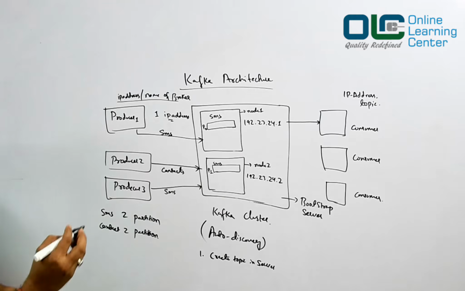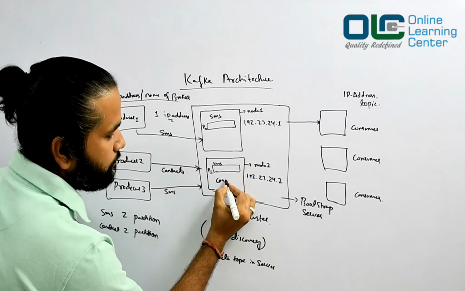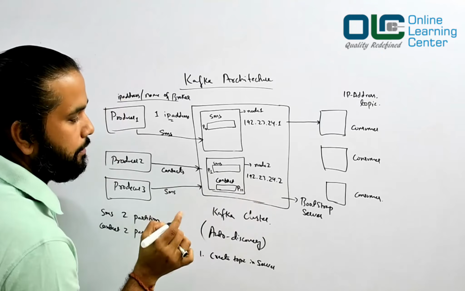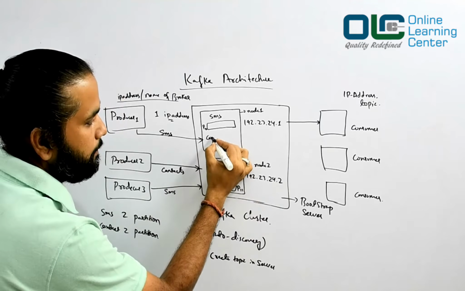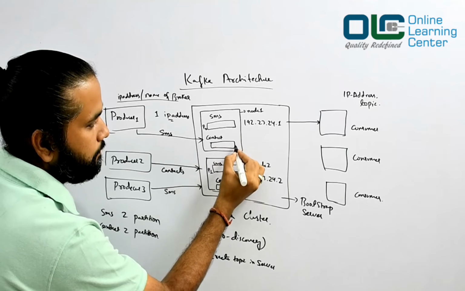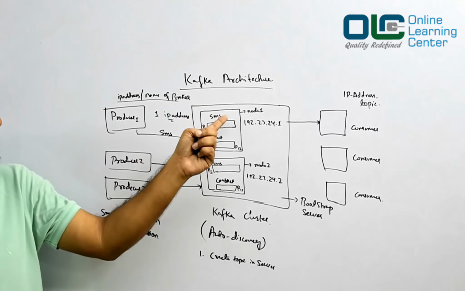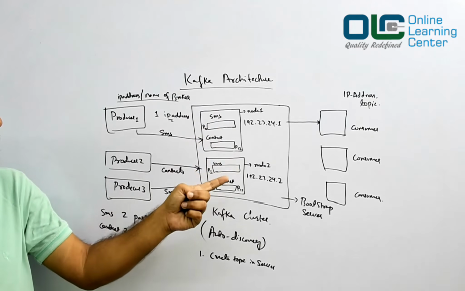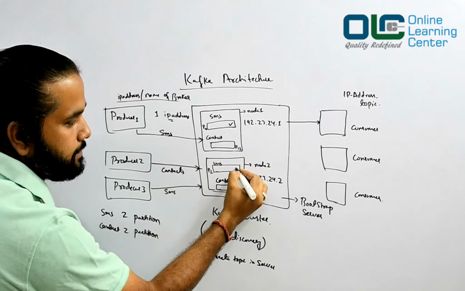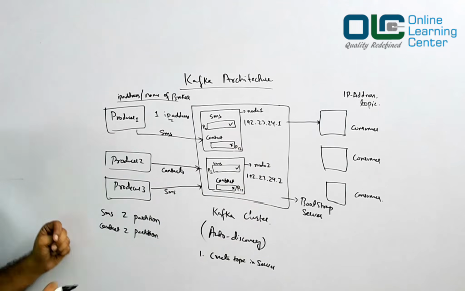Okay, similarly, contacts has 2 partitions, so I'll call it P11, for our understanding, and I'll call the other P12. Right? So if you see, SMS has 2 partitions, 1 and 2. Contact has 2 partitions, 1 and 2. Right? So SMS, this and this. Contact, this and this. Done.